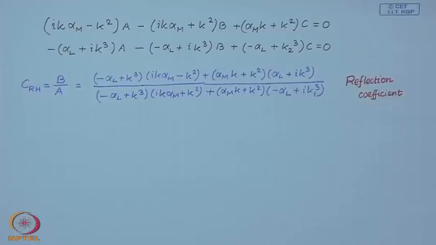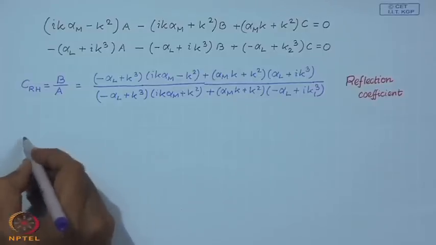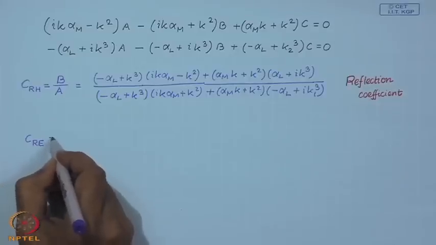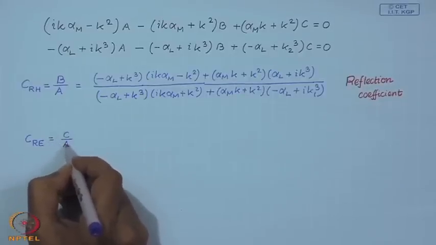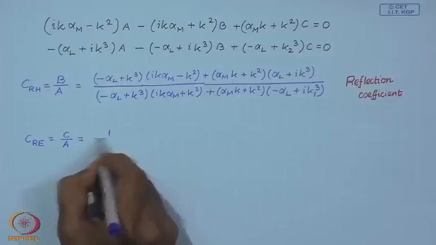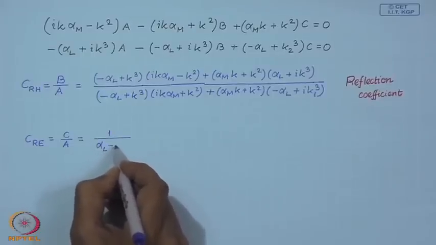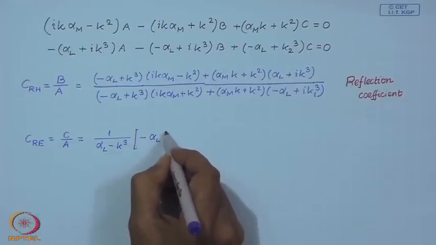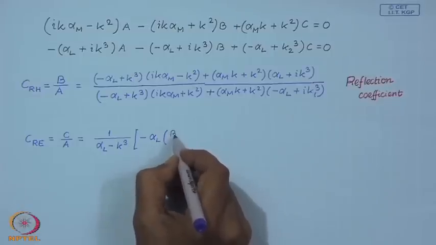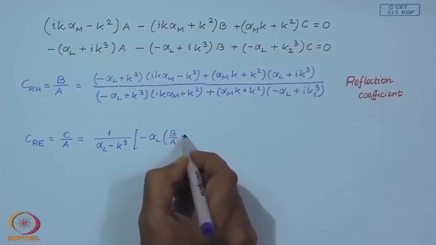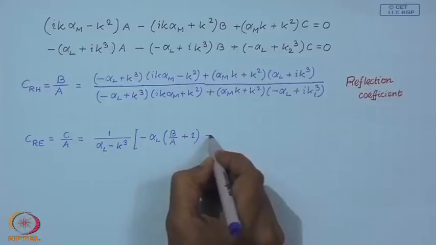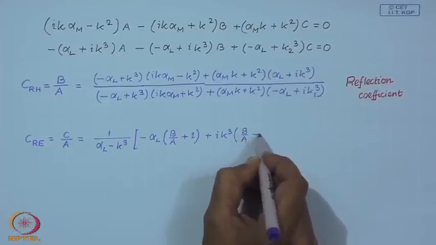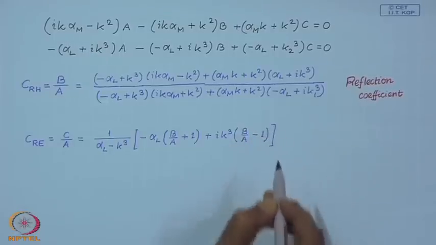And similarly, you can find the reflection coefficient of the evanescent wave, which is C over A, as this.